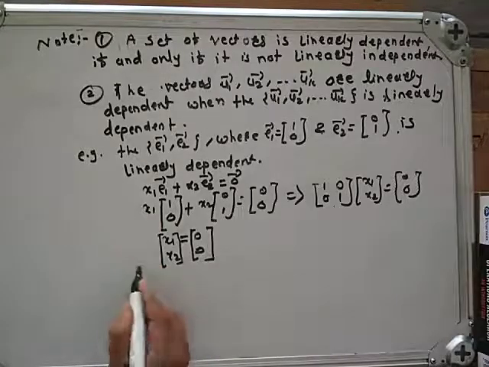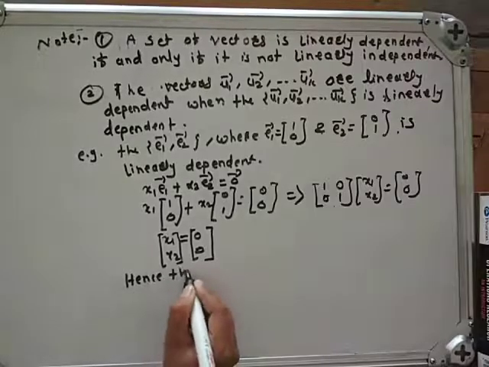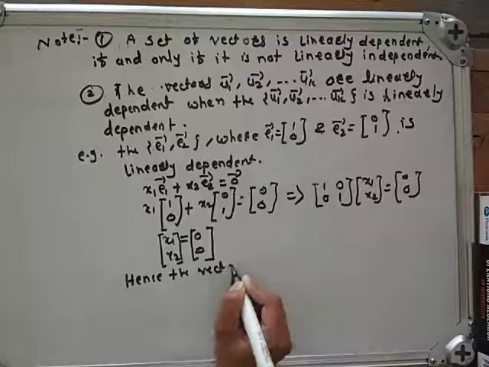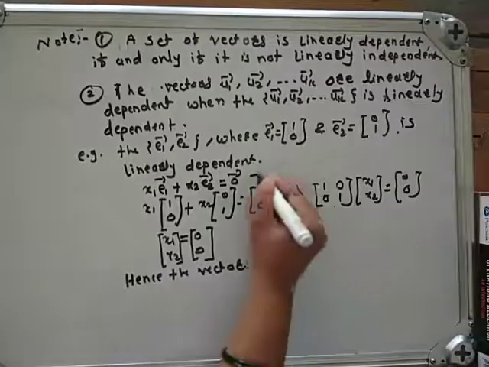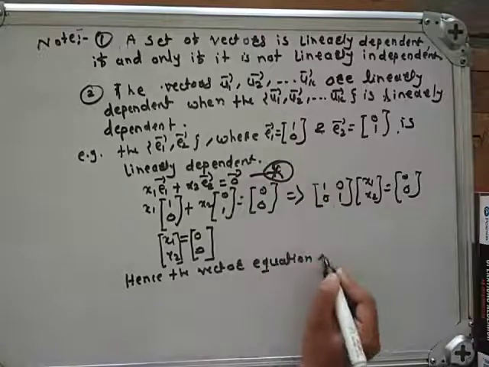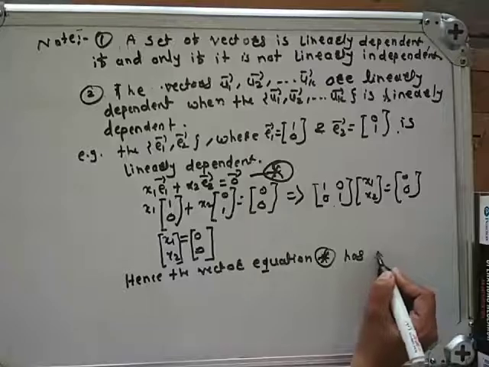So this system, hence the vector equation, suppose we call this equation star, has only the trivial solution.